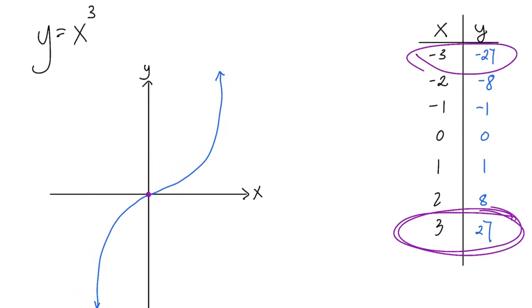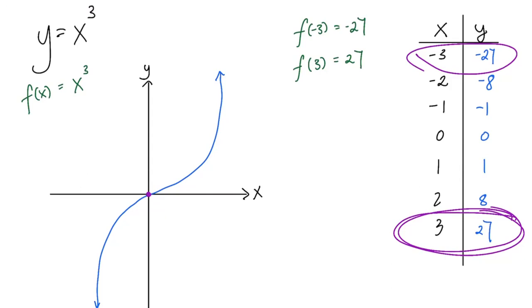So let's go ahead and do a similar practice as we did earlier. Let's do f of x equal to x cubed. Just change this notation a little bit. And we say f of -3 is equal to -27, and then f of 3 is equal to 27. So what kind of statements can we write here?